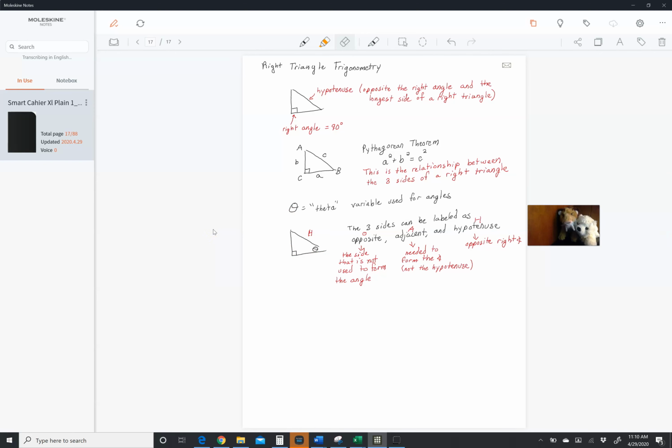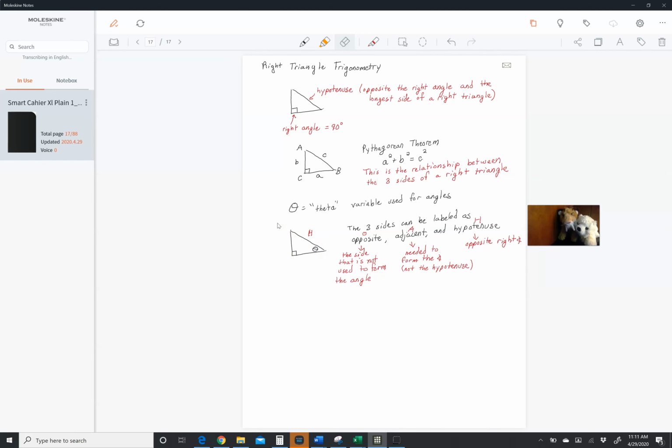We don't need this line in order to create the angle. And that's how we figure out the opposite for theta as well. We say, which line can we erase so that we still have the angle there? If we erase this line, then part of the angle disappears. Same thing is true if we erase this line. So the only line that we can erase so that the angle, so that theta, is still there, is this one here.